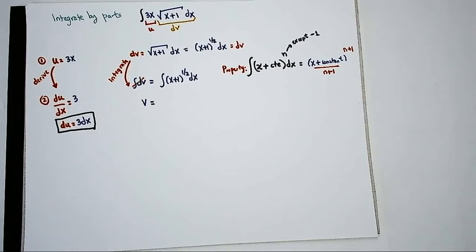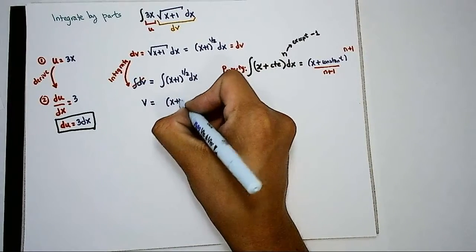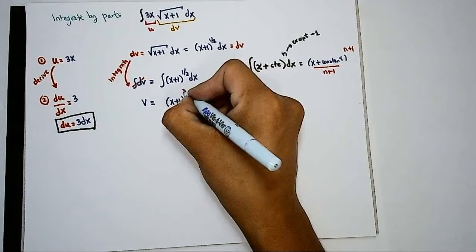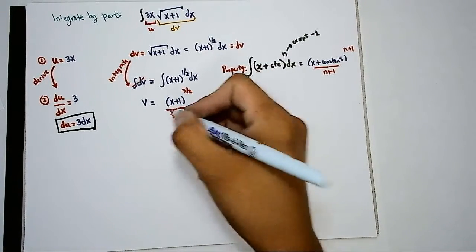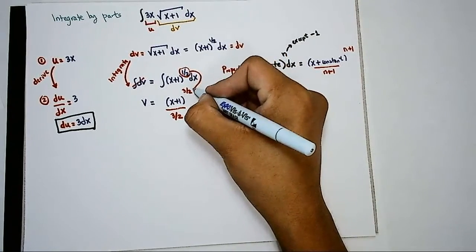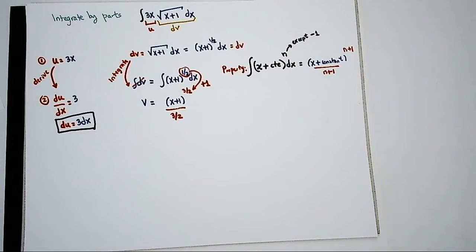Therefore, the integral of x plus 1 to the 1/2 is x plus 1 to the 3/2 divided by 3/2. And remember, this is 3/2 because I added 1 to the exponent when I do the integration.